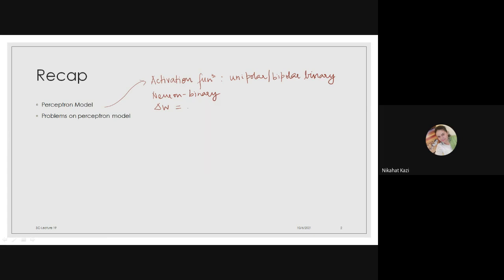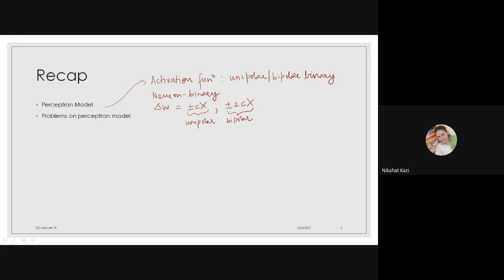Plus or minus 2 Cx if it is bipolar. In the case that you are using unipolar, it is plus or minus Cx. Otherwise, it is plus or minus 2 Cx. That means when you're using bipolar binary, it is plus or minus 2 Cx.